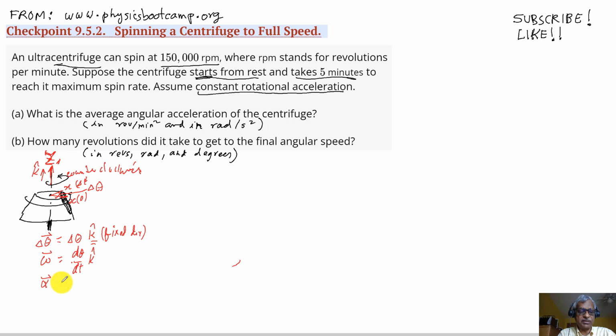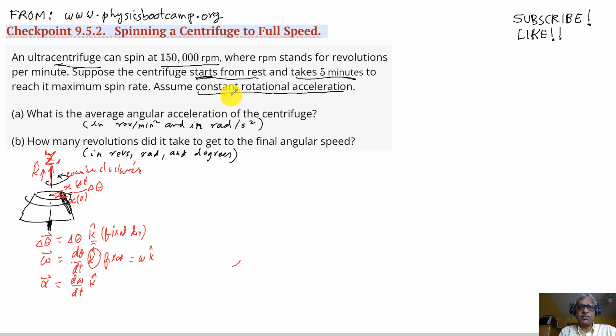Alpha is the angular acceleration, which is also a vector, and it's the derivative d omega dt. This direction is also fixed, so when we write omega k hat as a notation, this becomes just d omega dt k hat also.